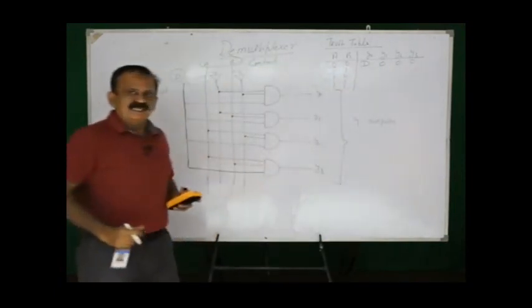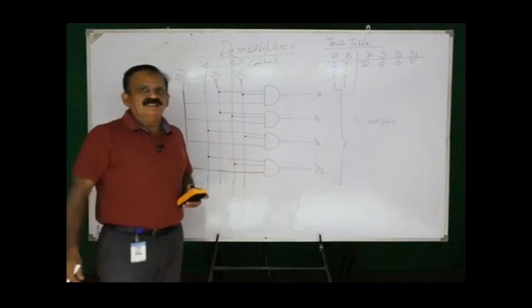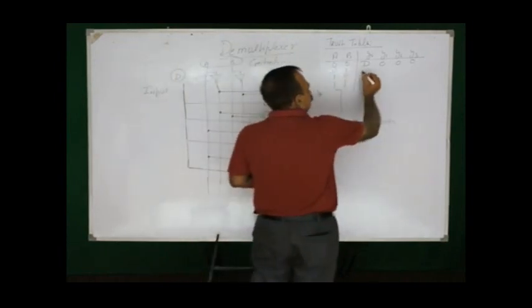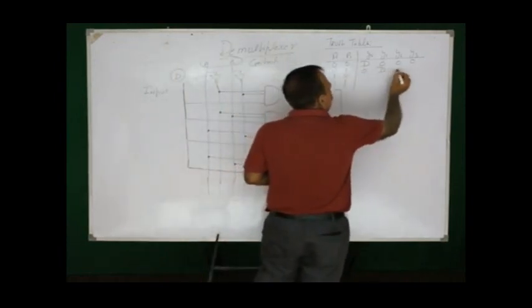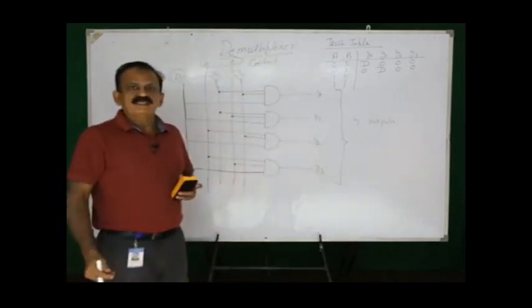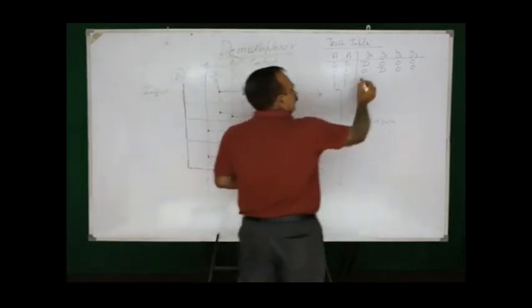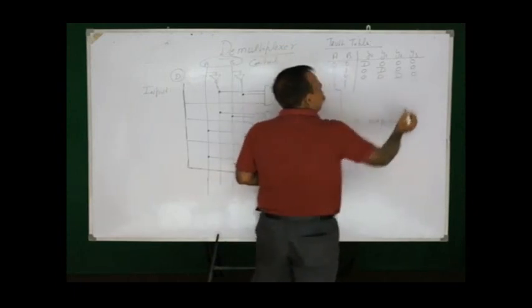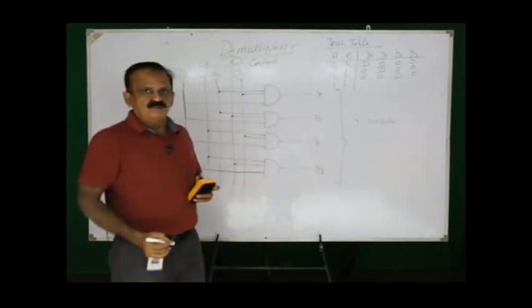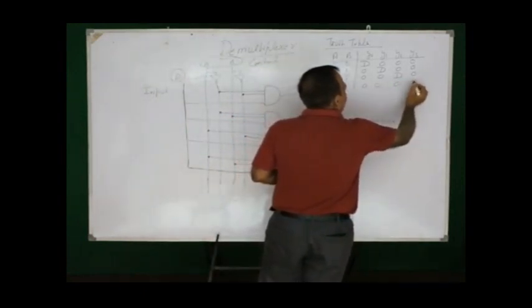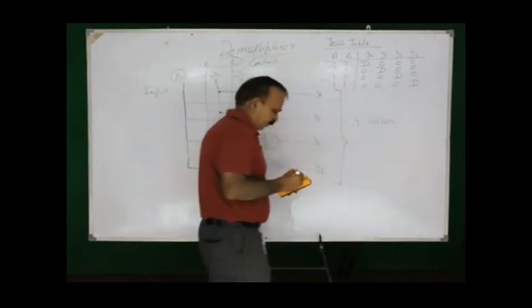Yes, D is connected to the topmost gate, so Y0 is equal to D. For 0 1, this value will be equal to D, and this is 0, this is 0. For 1 0, this time Y2 will be equal to D, and the last one is 1 1. In this case the value of Y3 will be equal to D.